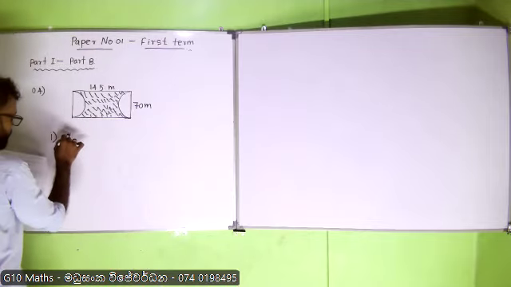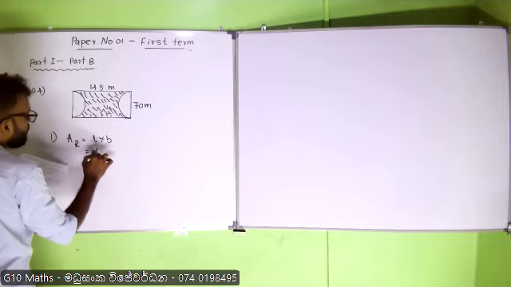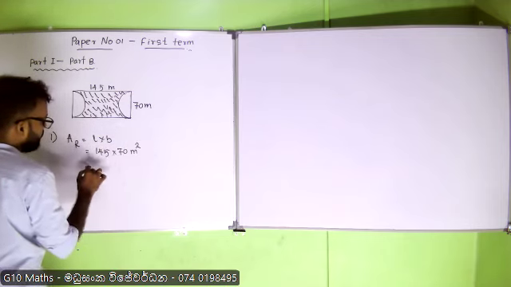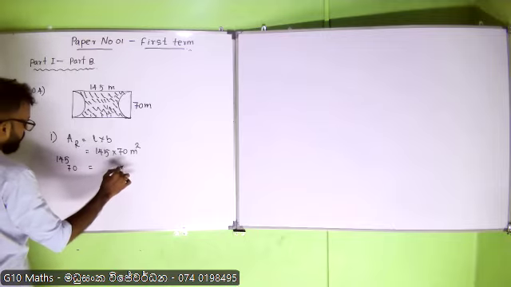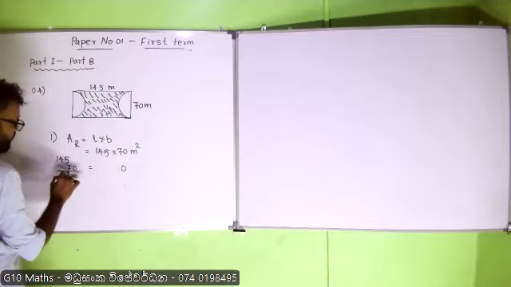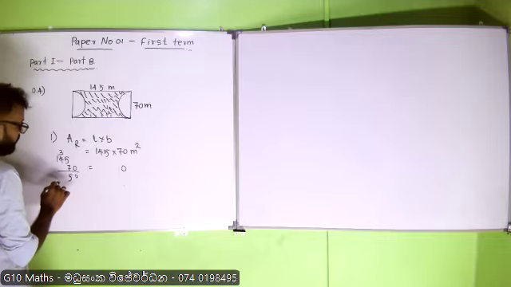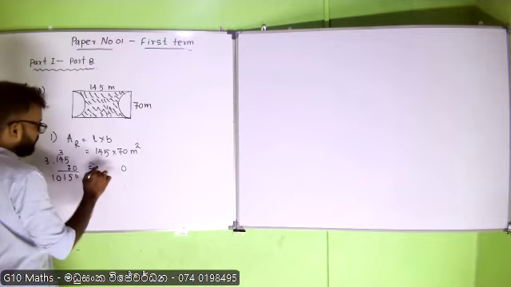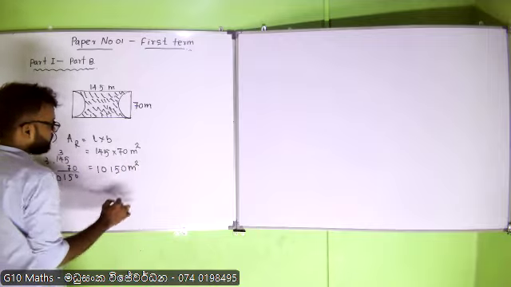So you know how to find the area of the rectangle: length into breadth. 145 into 70 square meters. 145 into 70 means 10,150 square meters.